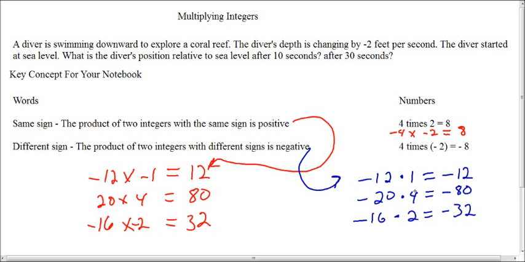It does not matter which of our factors is positive or which is negative. We're just looking for whether their signs are different. If the signs are different, then our product will be negative, and if the signs are the same, our product will be positive.